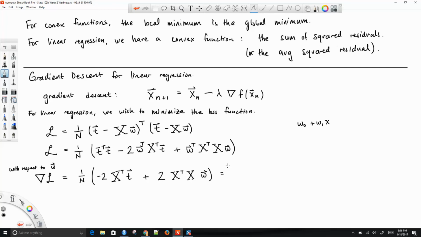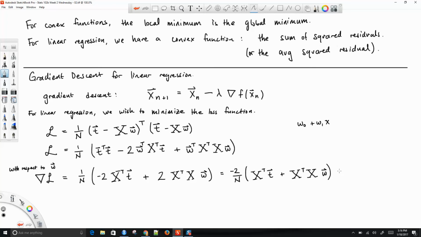Okay, so I can just factor out a 2 or a negative 2, however we want to do this. I can do negative 2 over n, and we will get X transpose T plus X transpose X W. This is my gradient.